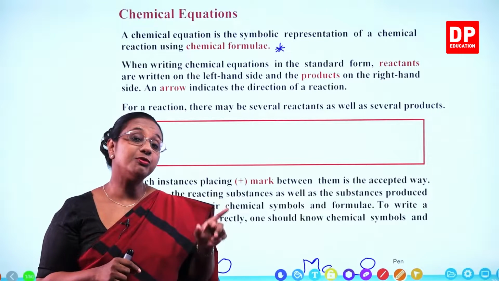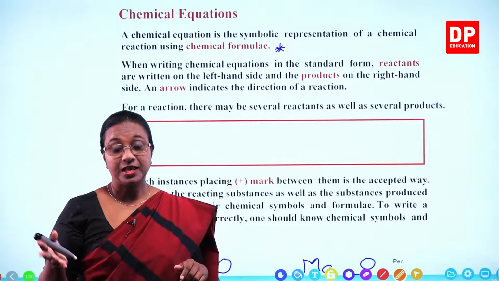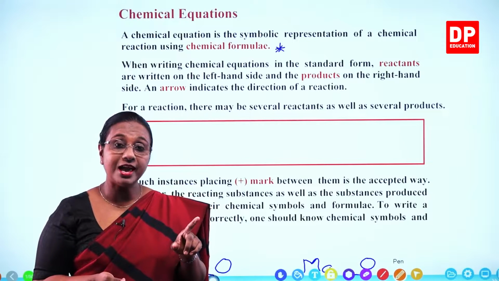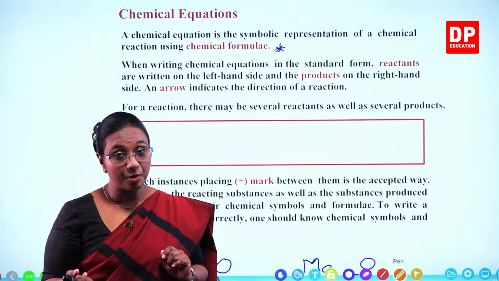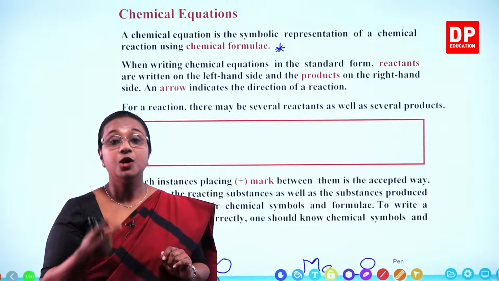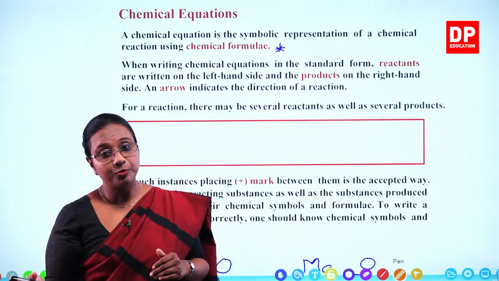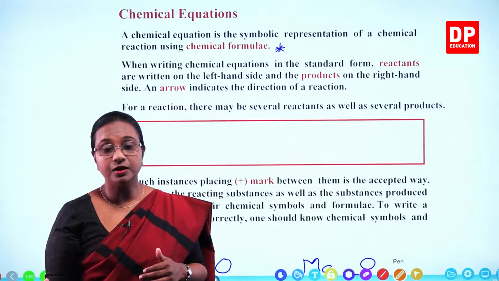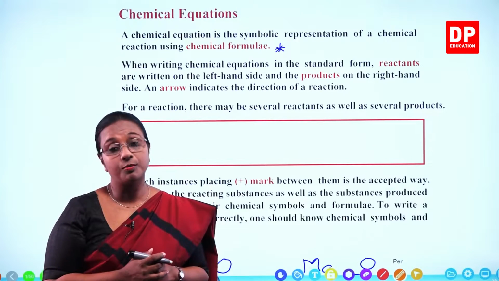The same way, if you take calcium carbonate, if you heat it to a high temperature, calcium carbonate decomposes. So there you have one reactant, calcium carbonate decomposes into calcium oxide and carbon dioxide, two products. So you can have one reactant and more products, more than one reactants, one product, or on both sides you can have two or more reactants and two or more products.